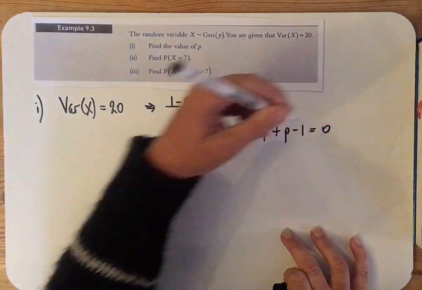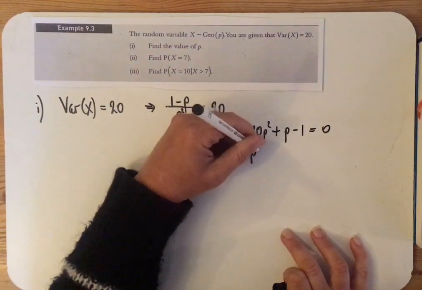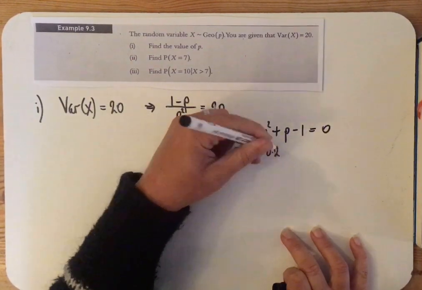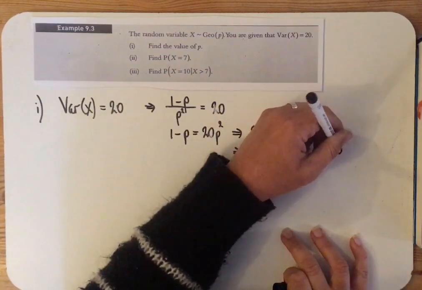And then you can just chuck that into a calculator. That gives you p equals 0.2 or p equals negative 0.25.